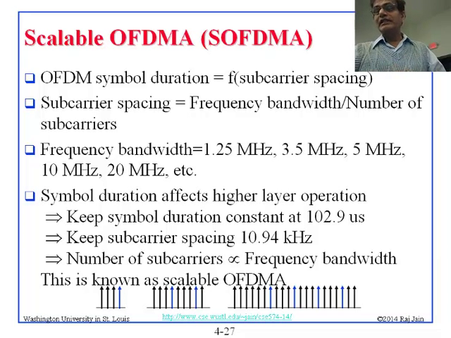So then they came up with a concept that, okay, really what we should do is standardize such that the same equipment can be used in all the countries. And that version is called scalable OFDMA. Let me explain what scalable means here. Basically, the carrier spacing determines the symbol duration.